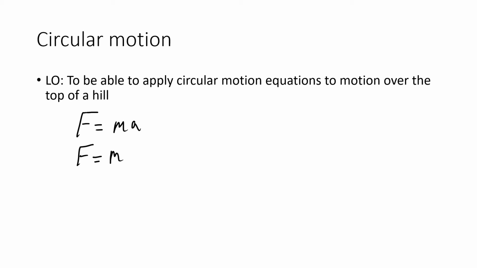So it's mass times the acceleration, and there are two forms of writing the acceleration: v squared over r, or F equals m omega squared r, where r is the radius of curvature, omega is the angular velocity, and v is the speed around the circle. So it's just, again, applying Newton's second law to a new case.